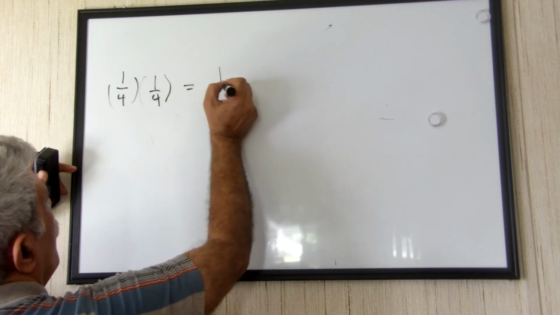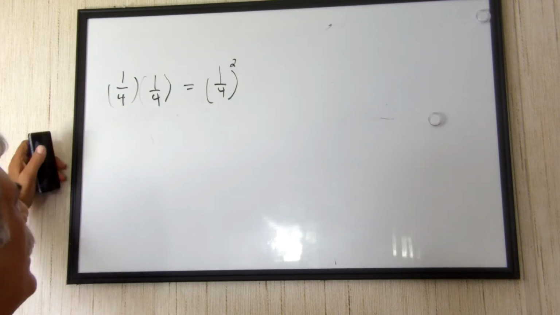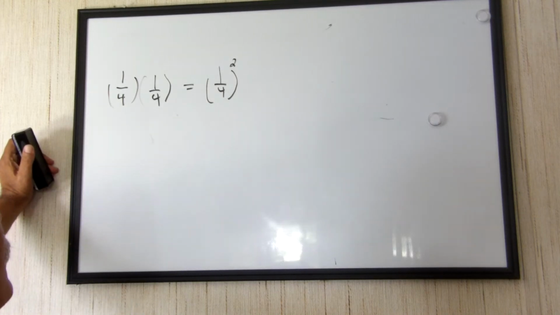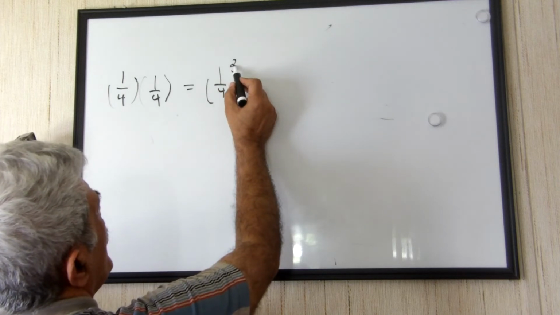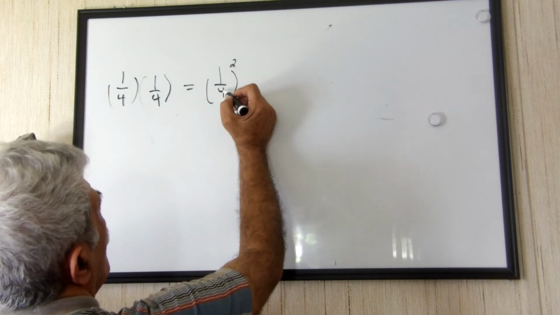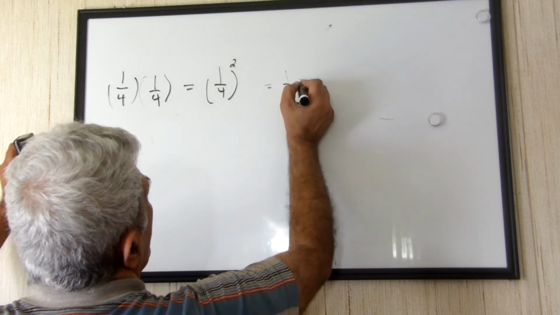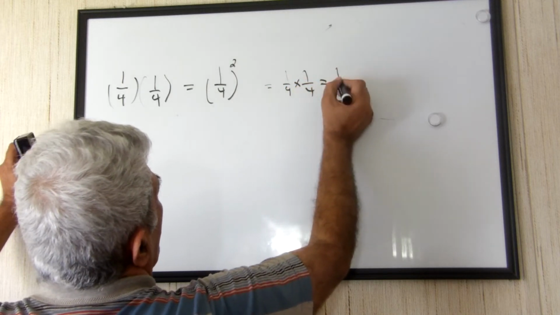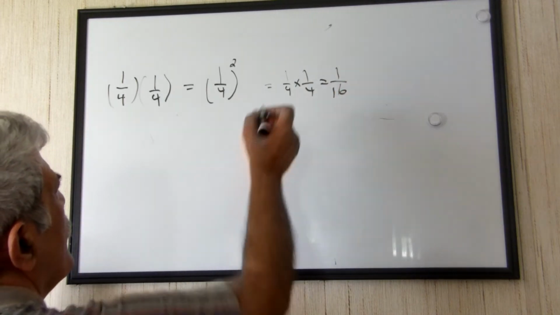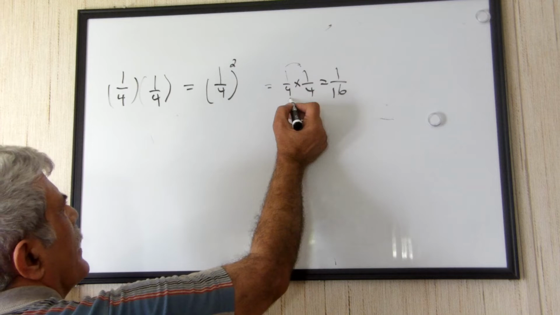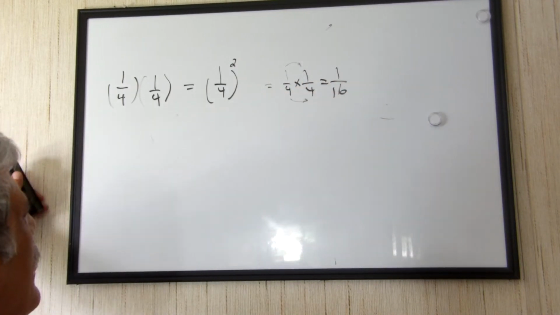It means 1 over 4 to the power of 2. It means 1/4 multiplied 2 times: 1/4 times 1/4 is 1 over 16. So the answer is 1 over 16 because we multiply the numerators together and the denominators together. 1 times 1 is 1, 4 times 4 is 16.